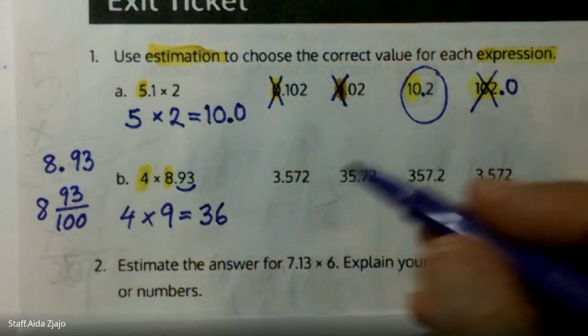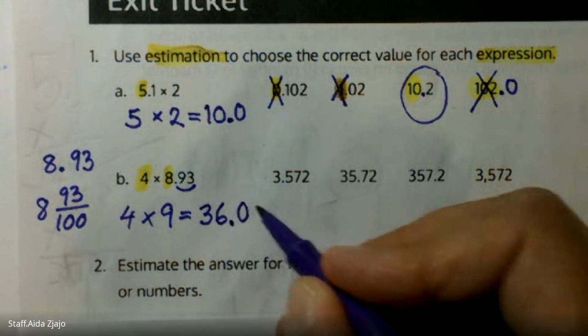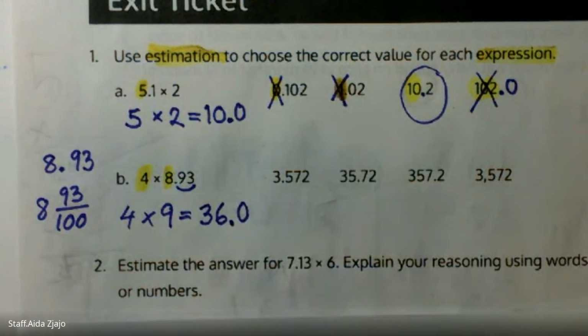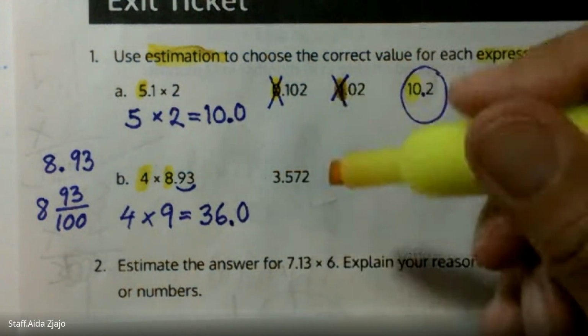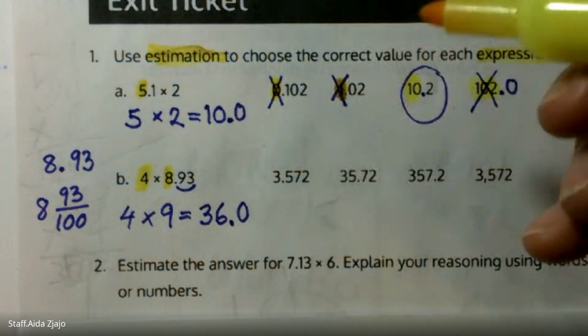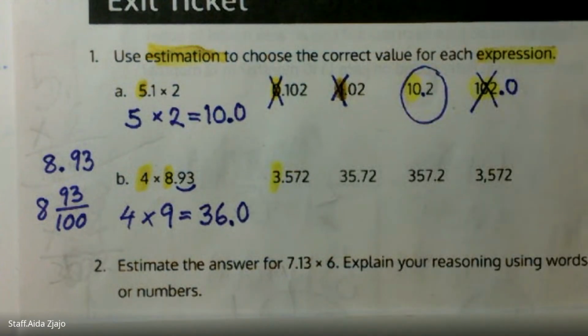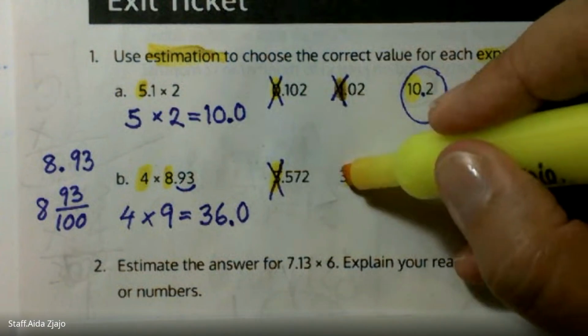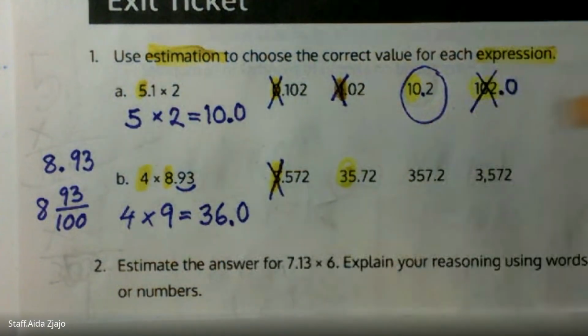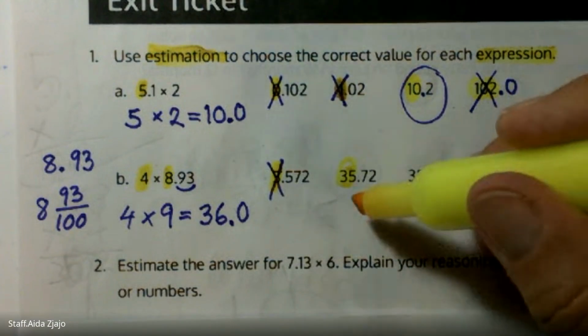So my answer has to be about 36 wholes. Let's see. So this one has only 3 wholes, so that's not going to work. This one has 35 wholes. Okay, that's really close to my answer, so I'm going to keep going just to make sure that this is the correct answer.